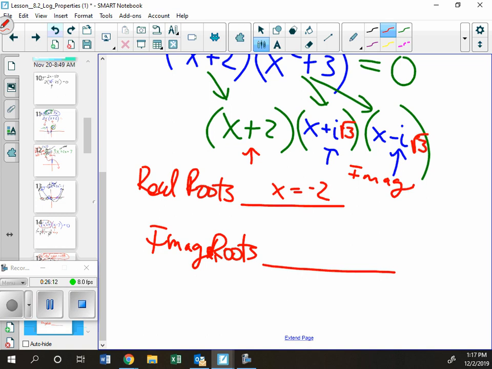And they are, well, what could I put in here? Yes, but let's just say right here on that spot, if I had a negative i root 3, it would cancel out the positive i root 3 and make it equal 0. And then the other one, positive i root 3. And so you're right, plus and minus i root 3. Wow.